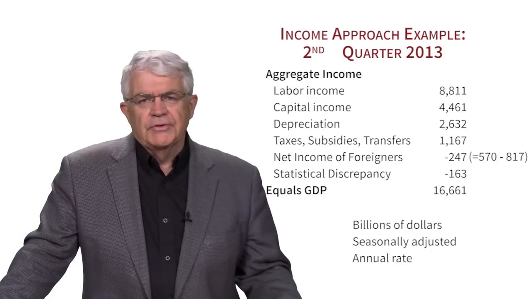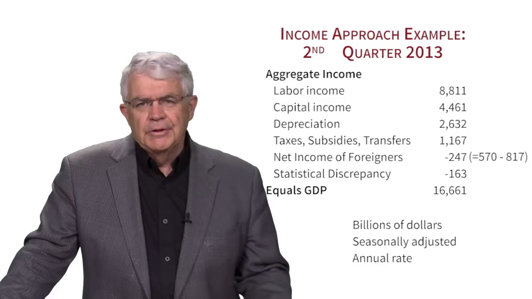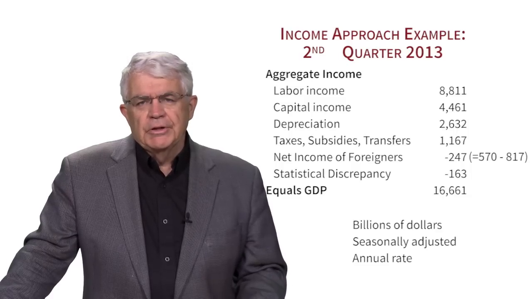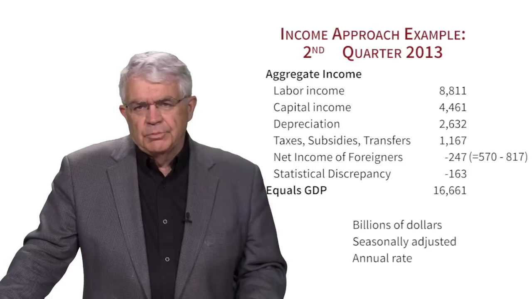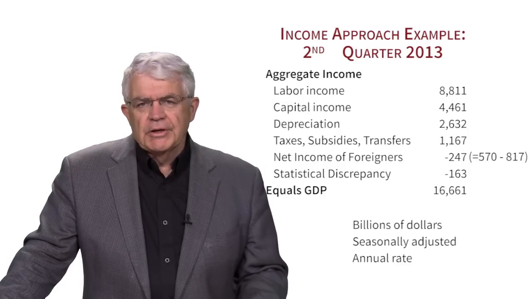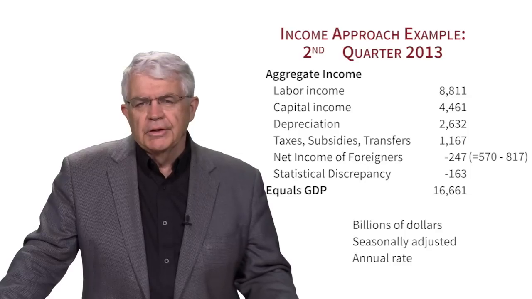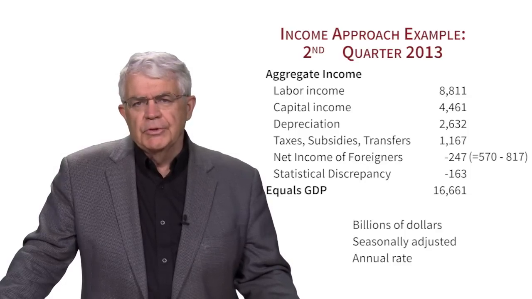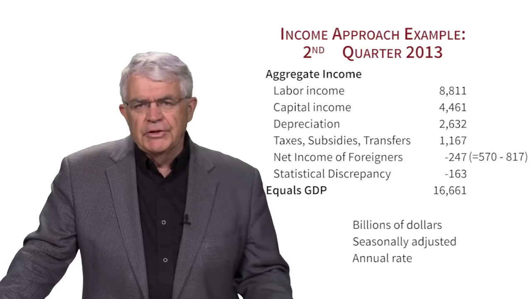So we basically have to add back in that income in order to get a measure of production in the United States. Similarly, there may be an athlete who's an American, maybe playing basketball in Europe, and that person's basically getting income, but it represents production of basketball services in Europe. So we have to bring these two things into account.